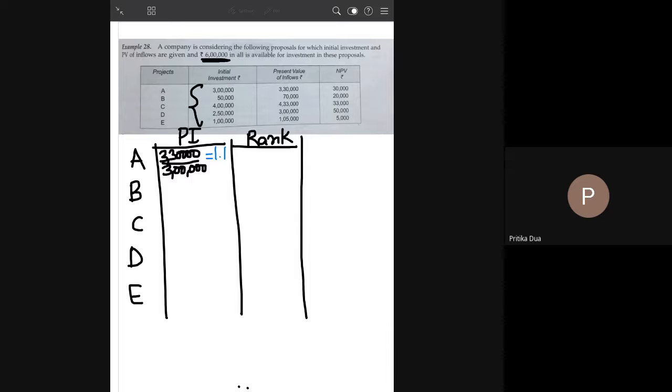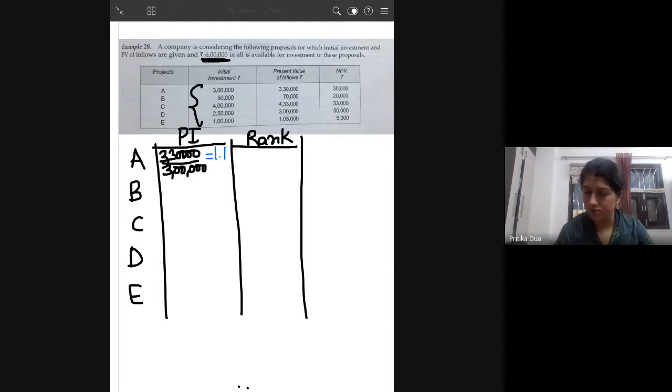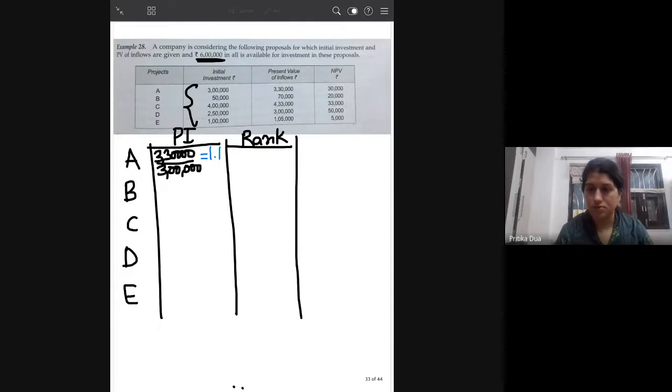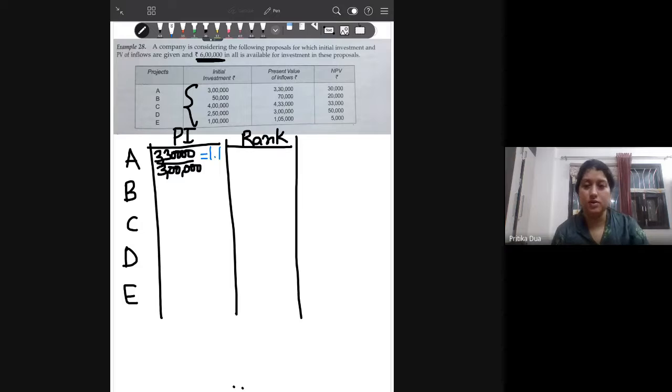It's so fast. What are the values coming to? So project B is coming to 1.41, 1.08. Thank you. 1.2 and 1.05.